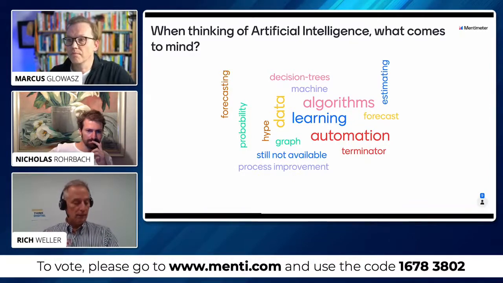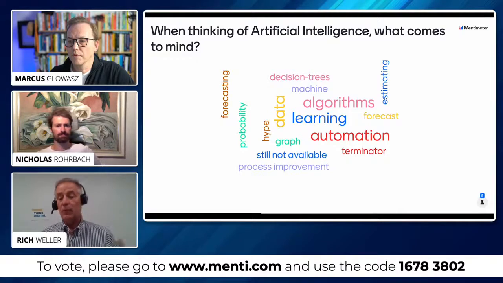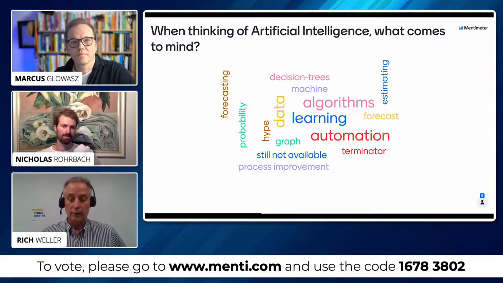We're seeing additional items that would fall underneath that umbrella term of artificial intelligence. But in my mind, generally speaking, artificial intelligence is all about leveraging the power of technology to help us improve our processes and our decision making.